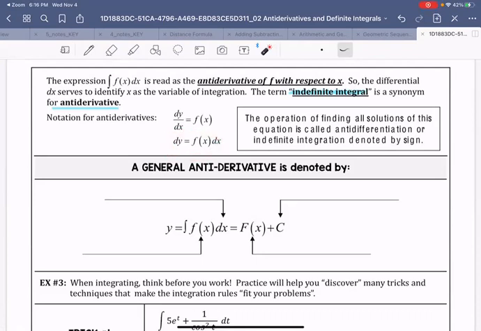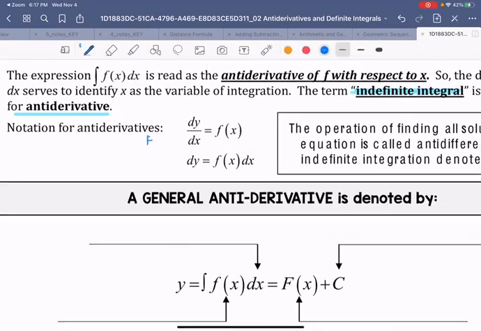We can also do this. When we do capital F prime, I can also represent it by dy over dx, okay? dy over dx equals f of x. So you can also say dy equals f of x times dx, okay?